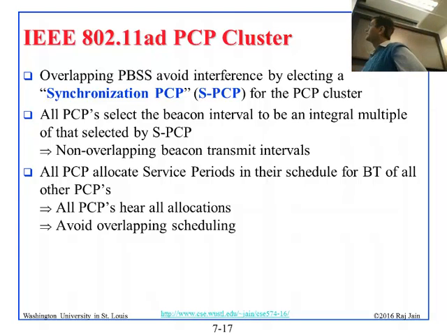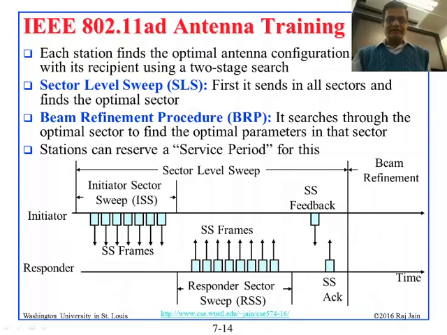Integral multiple of that selected by SPCP, non-overlapping beacon transmission interval, and all PCPs allocate service periods in their schedule for BT of all other PCPs. So what that means is beacon transmission of all other PCPs. All other PCPs hear all allocations and avoid overlapping scheduling. So now let's go back here.